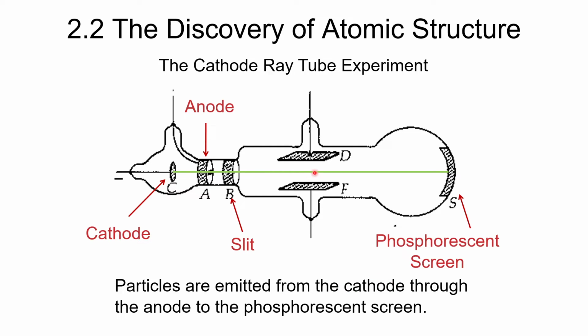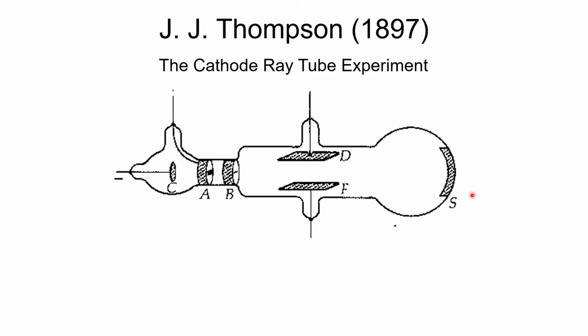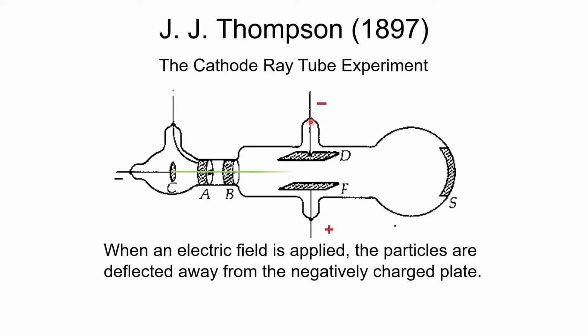But you'll notice here I've got two plates. J.J. Thomson had set this experiment up towards the end of the 19th century. He had set it up so that he had a positive and a negative electrode on either side of the beam. And so when he turned the beam on, it went straight for the screen.